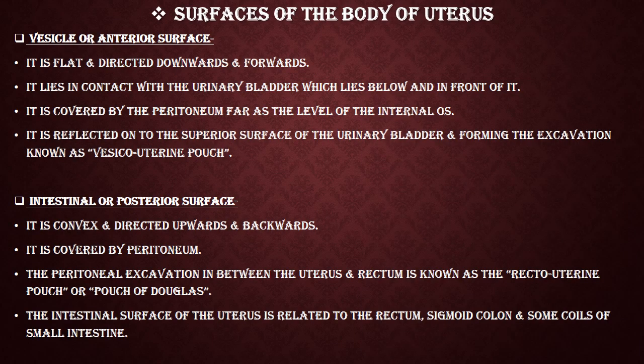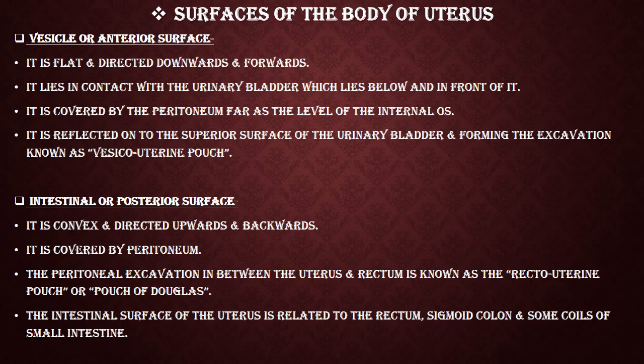The surfaces of the body of the uterus. First is the vesical or anterior surface. This surface is flat and is directed downwards and forwards. It lies in contact with the urinary bladder, which lies below and in front of it.